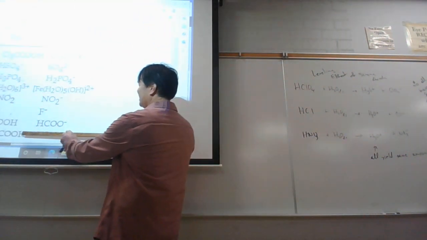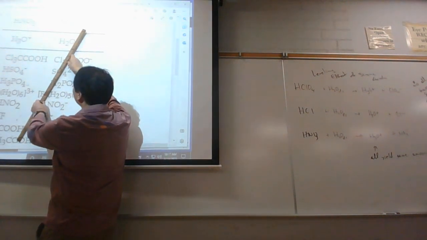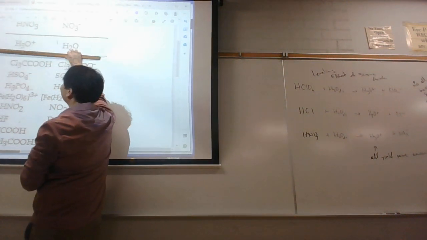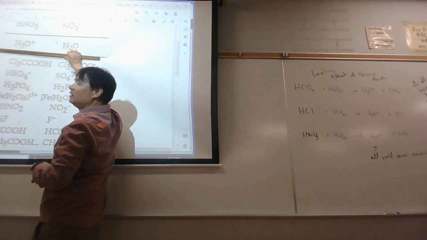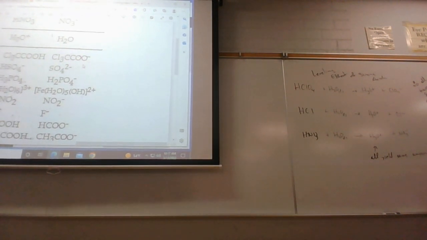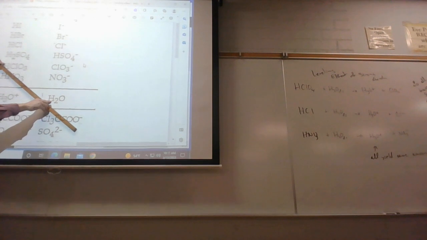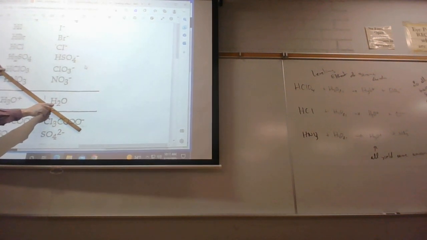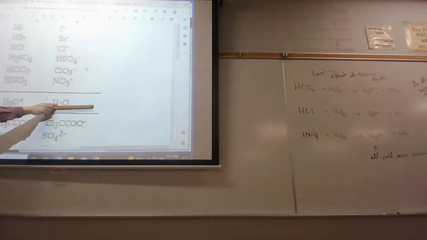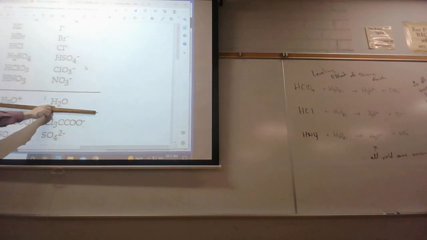If we have acetic acid versus water to form hydronium, is that favorable? No. That's not favorable. Versus if we have HNO3 and water, when HNO3 and water react, it forms hydronium. Is that favorable? Yes. This is favorable.